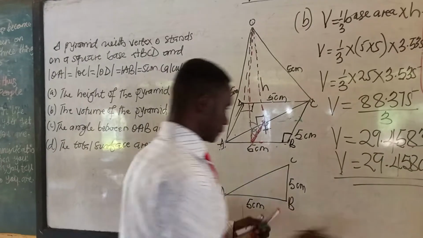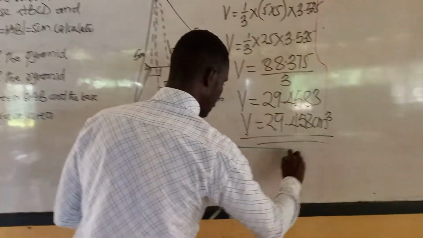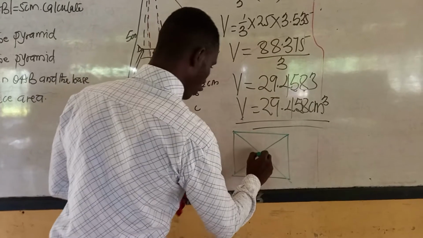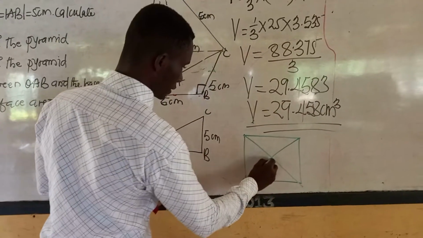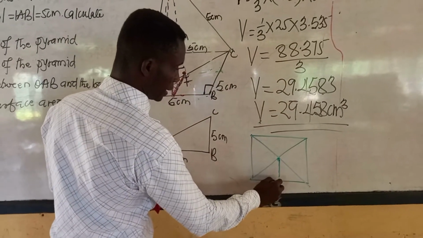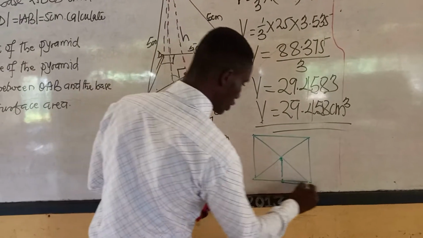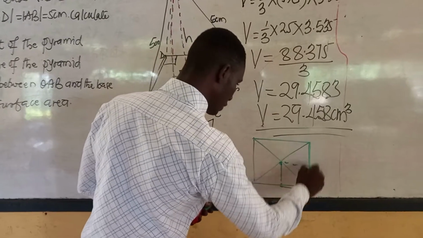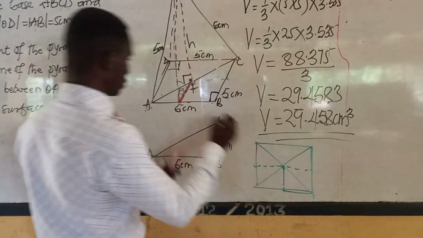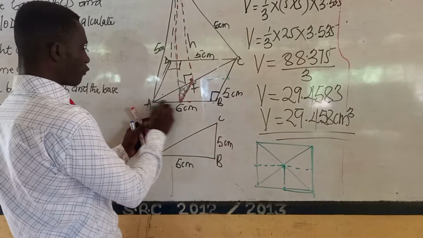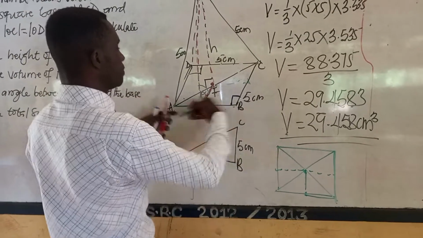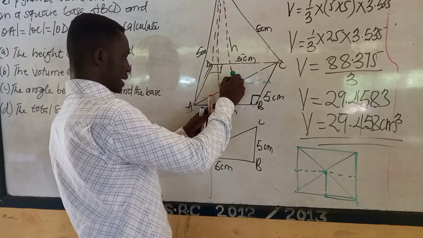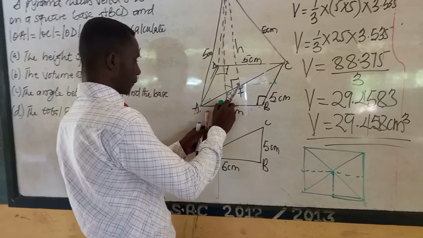But if you have a square like this, you have the diagonals. From this place to this place is the same as from this place to this place. It is the same as half of this. So this one is half of AB. Half of AB. So this distance, from here to here.